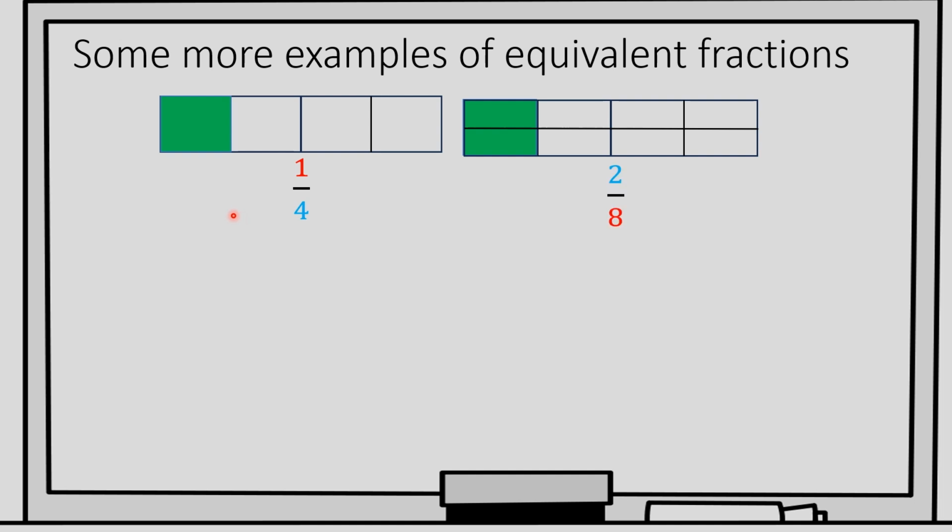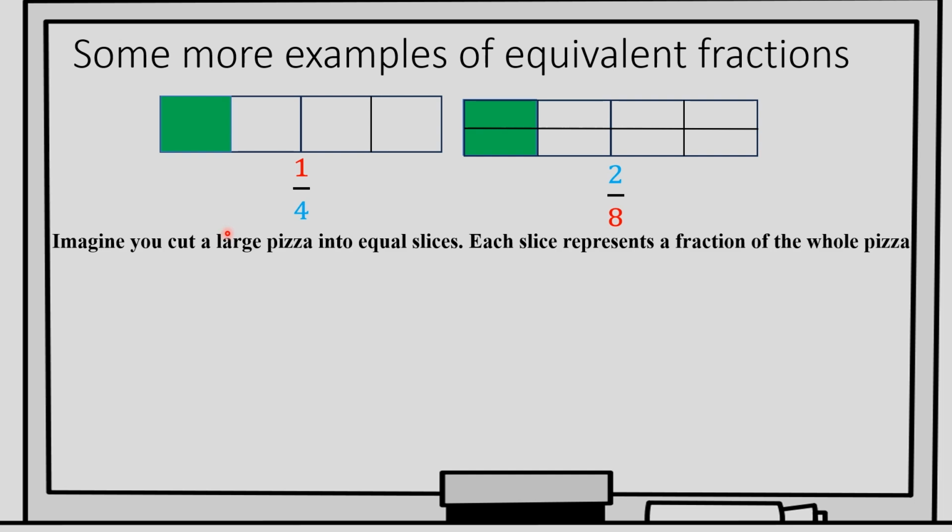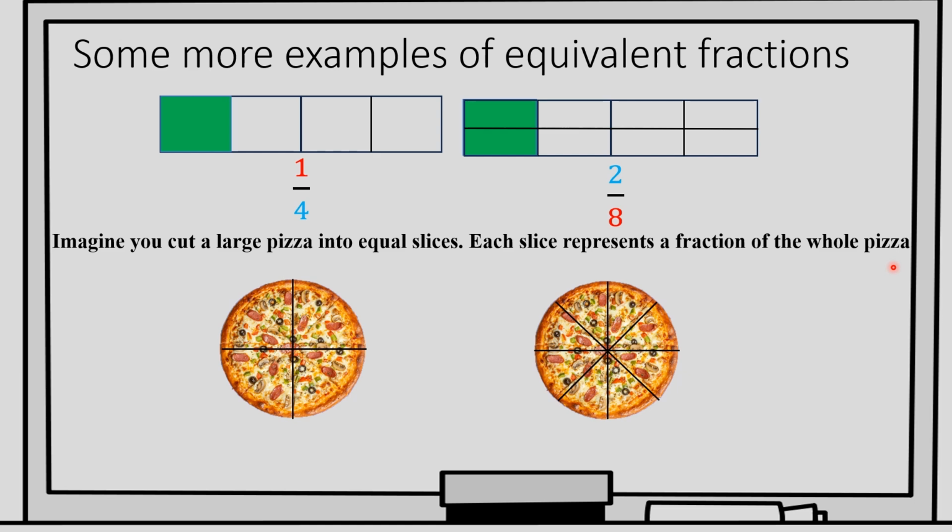Now let us consider a pizza example. Imagine you cut a large pizza into equal slices. Each slice represents a fraction of the whole pizza. So here I have got two pizzas, and this one is cut into 4 equal parts and this one is cut into 8 equal parts. Now there are a boy and a girl who want to share this.